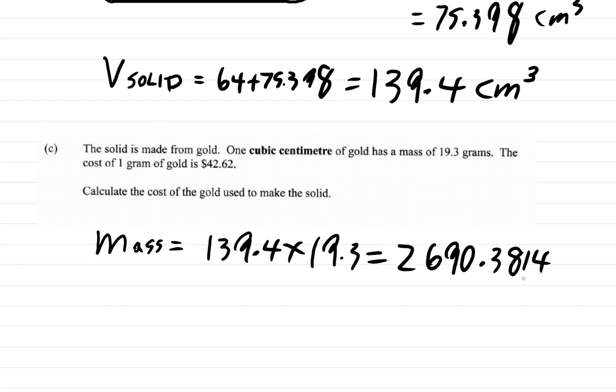So let's use the 4 decimal places. This is the mass in grams. The cost of 1 gram of gold is 42.62. So the cost of the gold, calculate the cost of the gold used to make the solid.